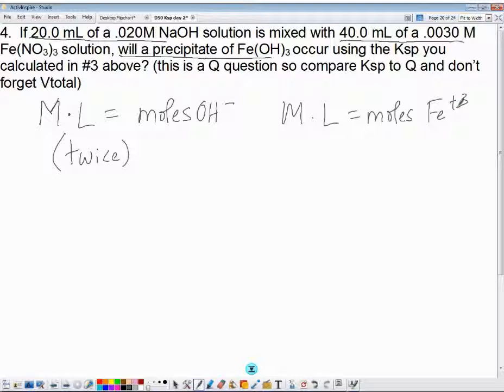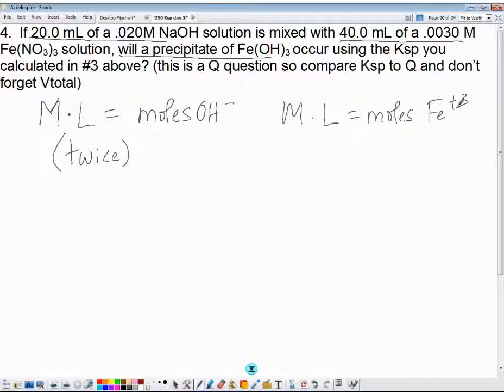Back to Unit 2. What we're doing is we're figuring out how many moles of hydroxide are in this beaker and how many moles of iron 3 are in that beaker, so that when I mix them together, I know their number of moles floating around together in total volume.